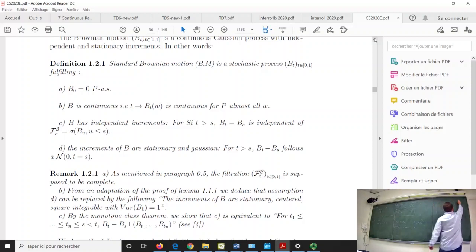I can take a matrix. If I take as a vector this one, BT1, BT2 minus BT1, up to BTN minus BTN minus 1, and I want to obtain at the end the vector I am interested in, I can do exactly what I have done. So here, this one times this one has to be equal to BT1, so I put 1, 0, 0.